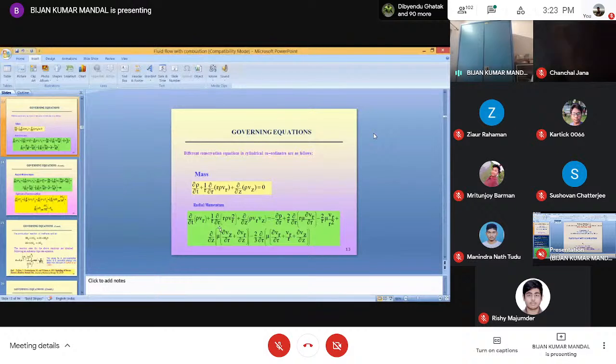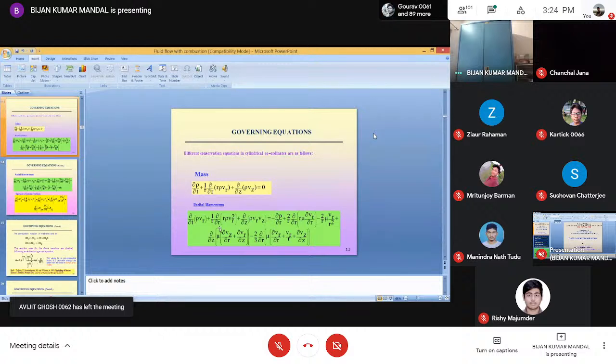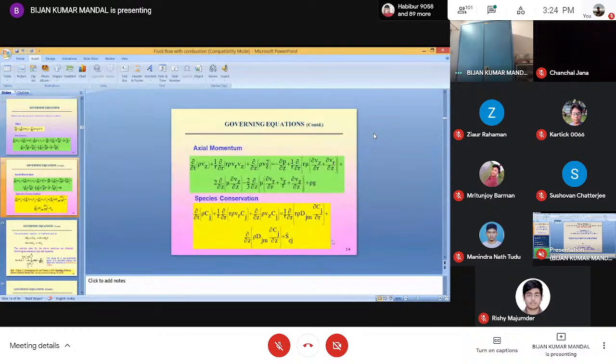In the momentum equations there are a few terms. The first one is the unsteady term, the second is the convective term, the third is the diffusion term, and the fourth is the source term. You will be able to write these down afterwards. So this is the axial momentum equation.